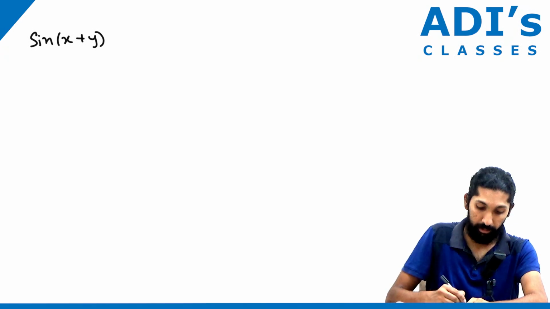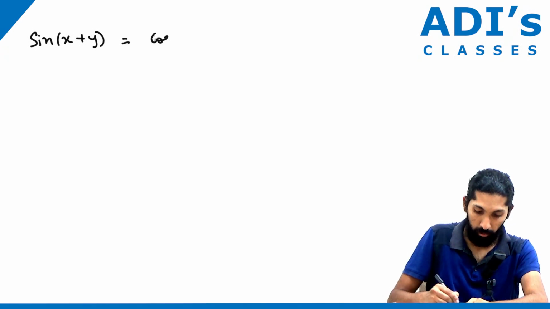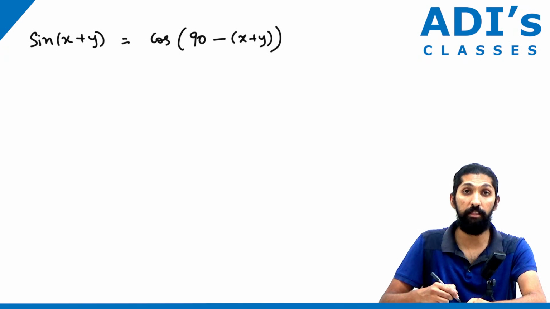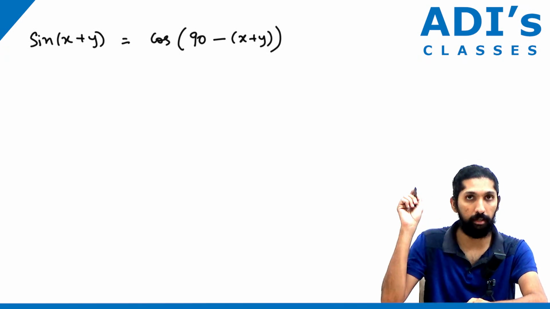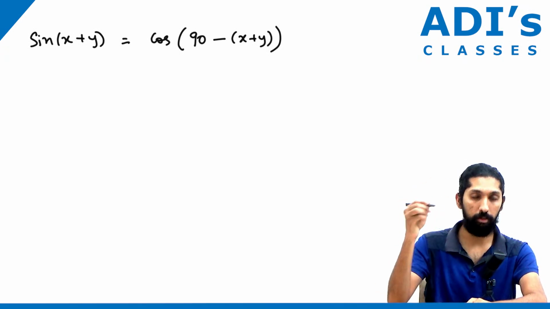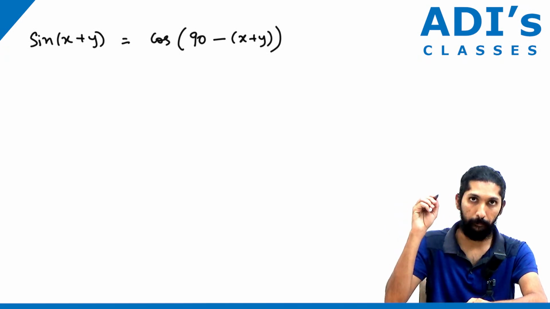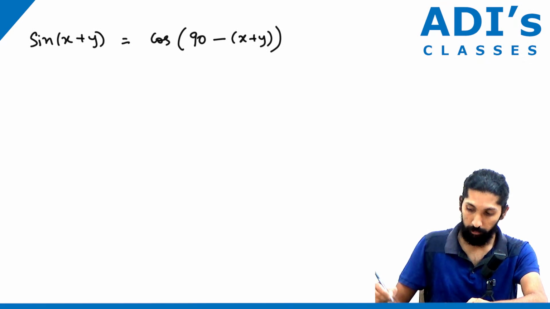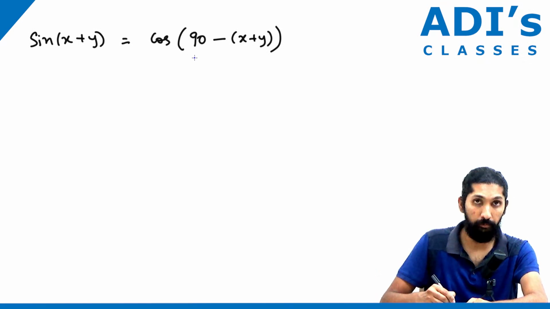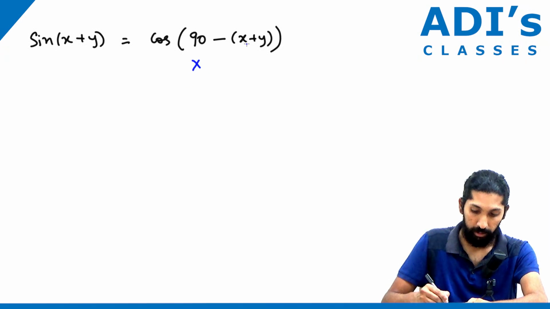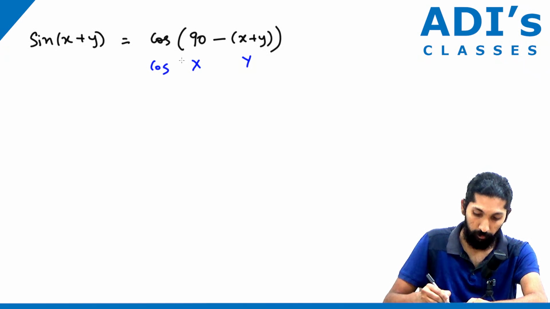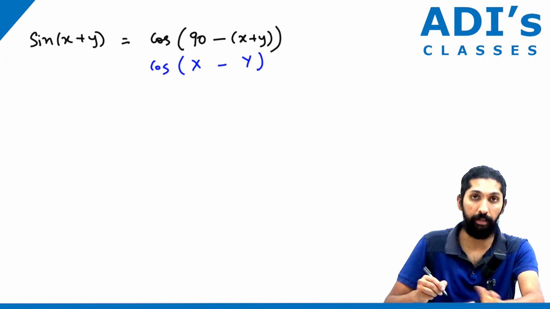See, this we can write as cos of 90 minus of x plus y. Sin theta is cos of 90 minus theta, correct? Or cos of pi by 2 minus theta. Now in this case, we'll take this as capital letter X, and this as capital letter Y. That means we have cos of x minus y, correct?